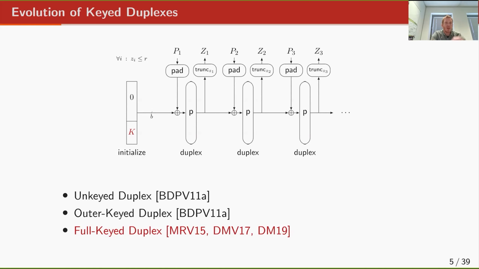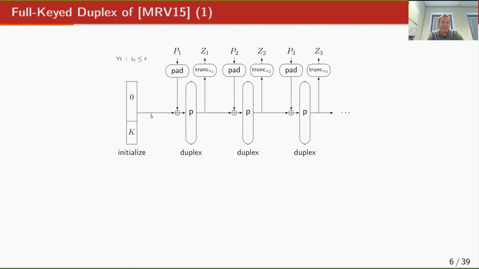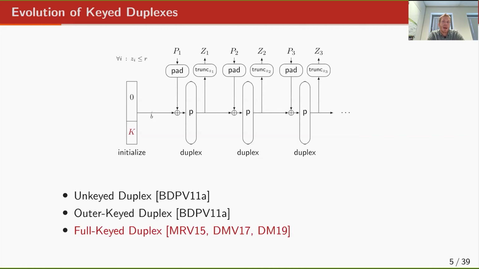And actually, there have been 3 results that looked at the full keyed sponge, one of me, Reyhanitabar, and Vizár, one of Daemen, me, and Van Assche, and one of me and Dobraunig, all looking at different variants of this full keyed sponge, but they were never really fully understood. And this led to, at some point, me writing an article, which is what this presentation is about, on understanding what this duplex means.